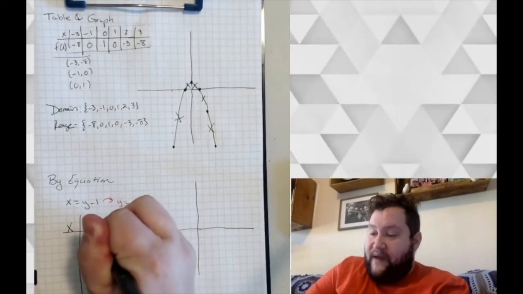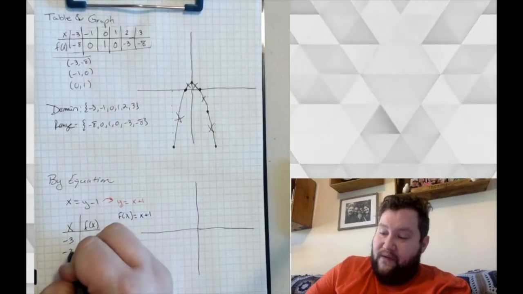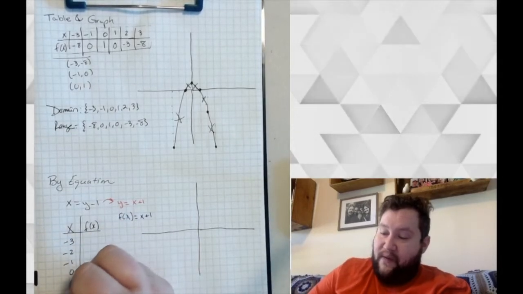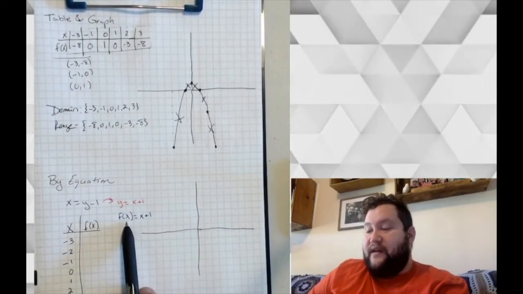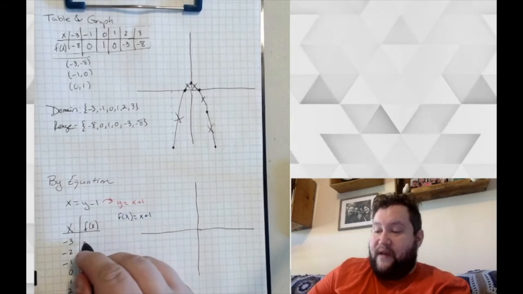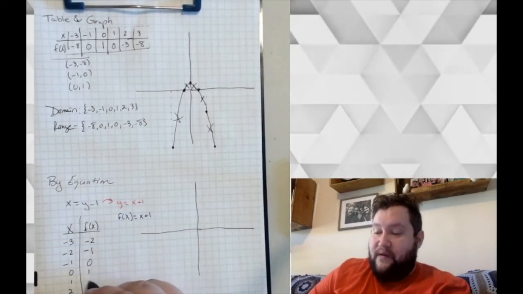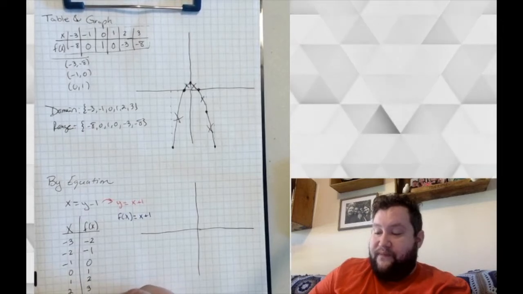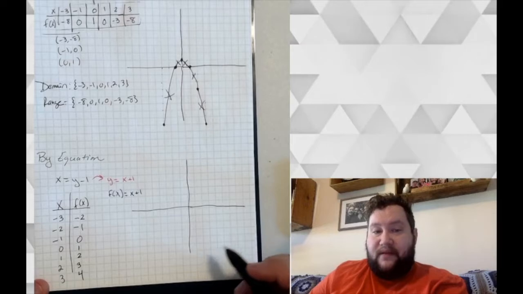So x and f of x, so let's pick -3, -2, -1, 0, 1, 2, and 3. And it says our function at x is just that x value plus 1. So we have -2, -1, 0, 1, 2, 3, 4. And so let's go ahead and plot those points.